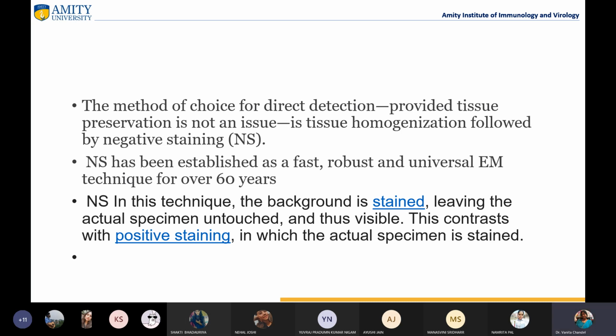Ishita, why? She left the meeting, or she was not in the meeting earlier also? I tried to take her in, but it is not happening. Yes, Ishita, what happened? You joined late?